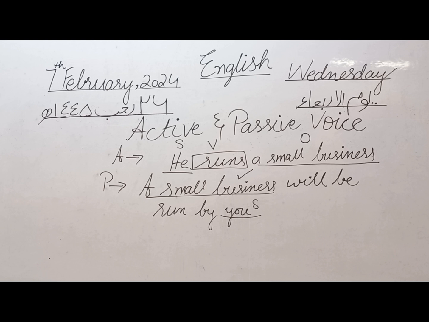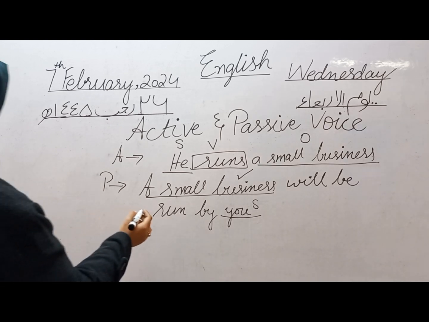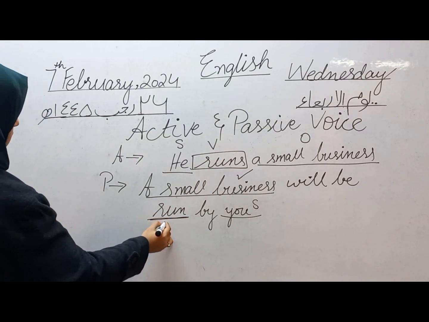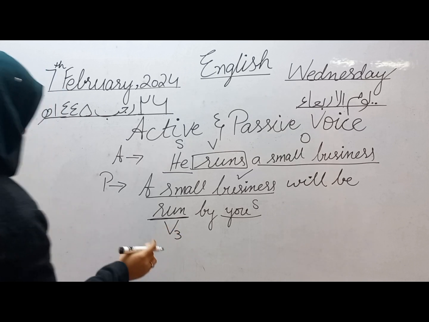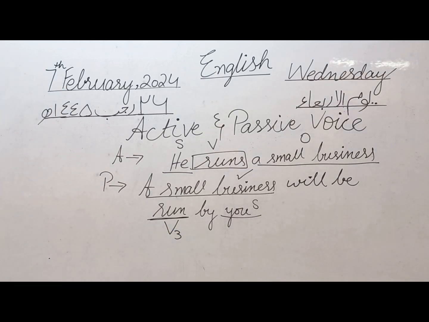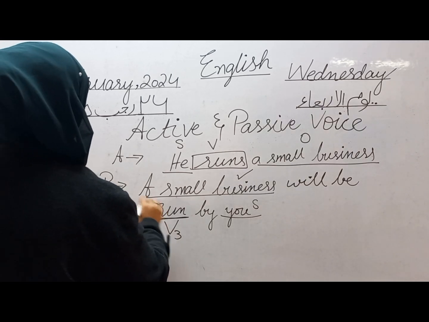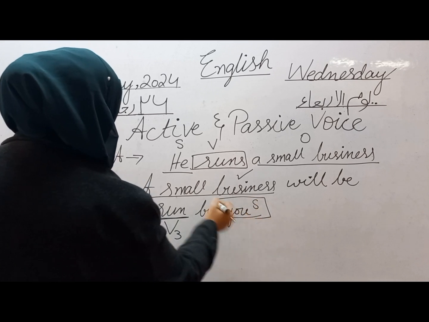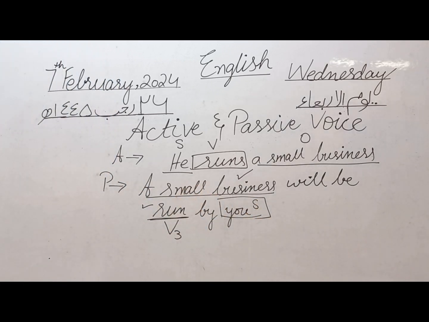And what about the verb? Verb 3. In a passive sentence, you people told me that this verb should be the third form of the verb. So what is the third form of the verb? Run, run, ran, run. So run is the third form. That is also correct. Yes. But this is not correct.